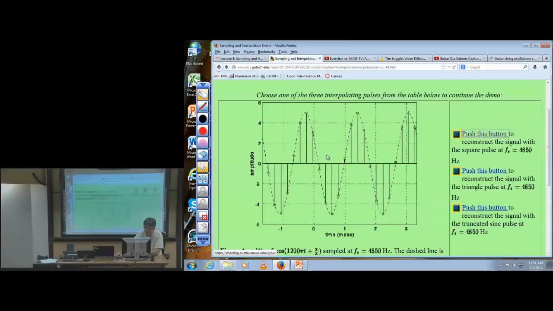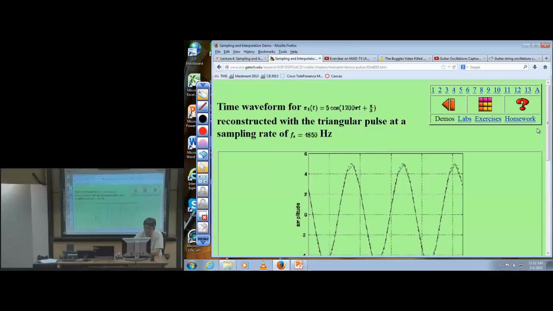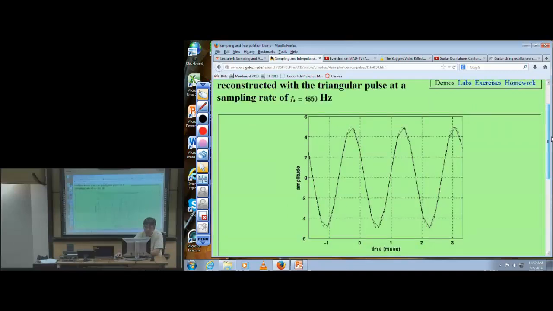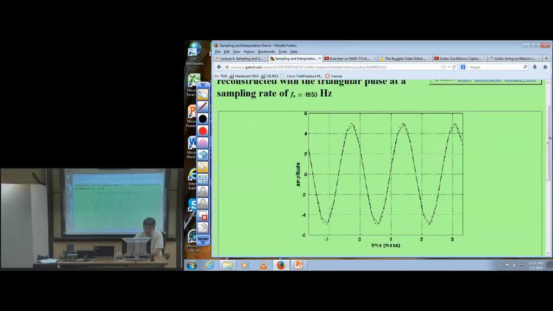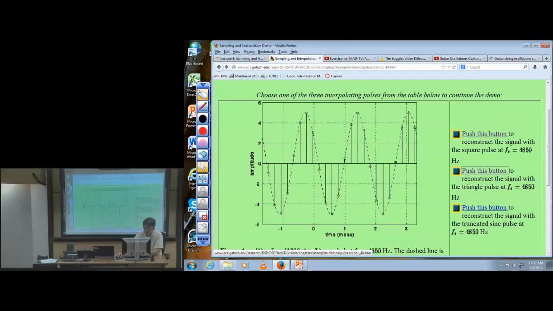Linear interpolation is pretty close. I miss on the valleys and the peaks in terms of the actual height or depth they obtain, but I got my zero crossings in the right locations. Last is the sinc interpolation.